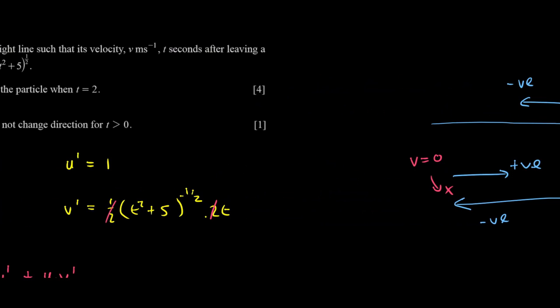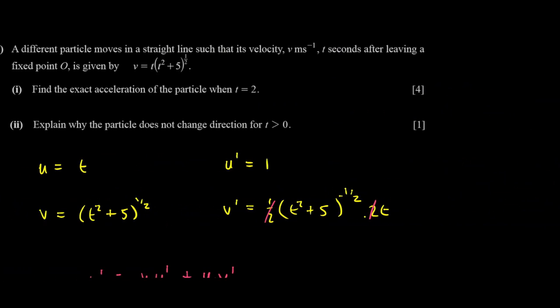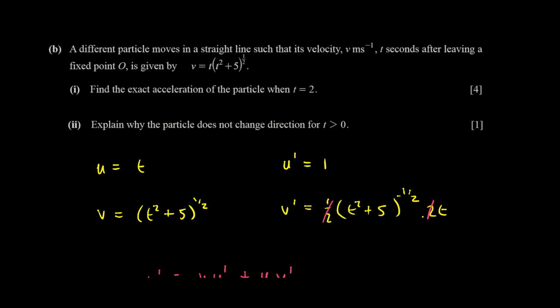So if we now go and look at this function, we could say, well, is this ever going to be equal to 0? And the answer to that is no, because the only way it can be equal to 0 is if t itself was 0, right? If t was 0, then that would be 0 and the whole thing would be 0.